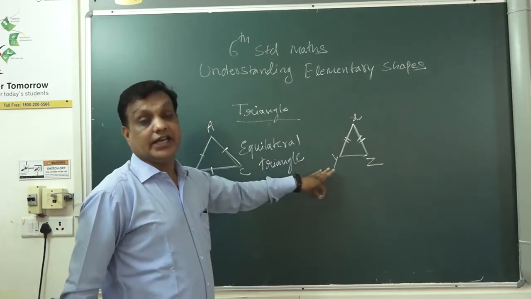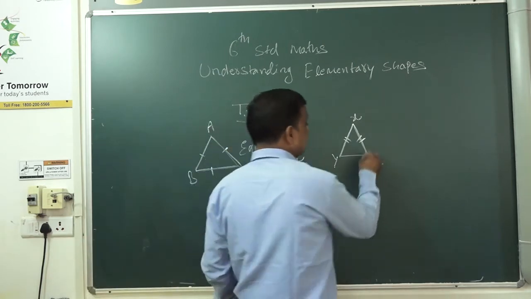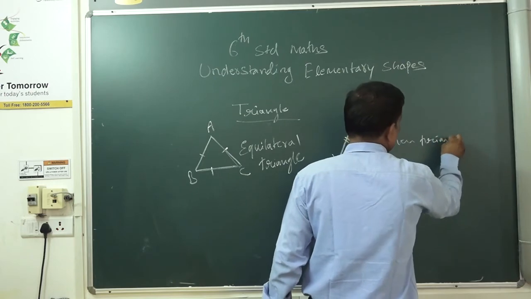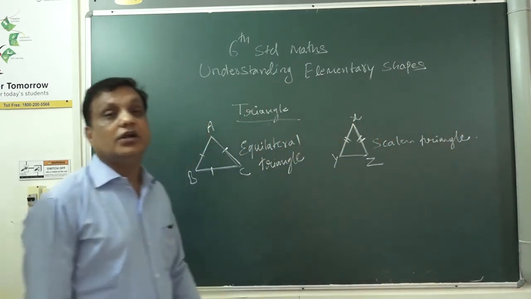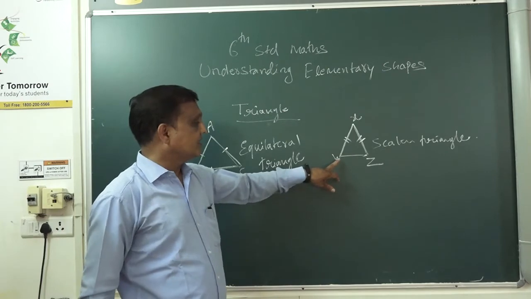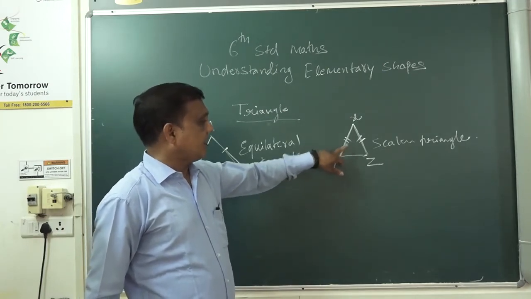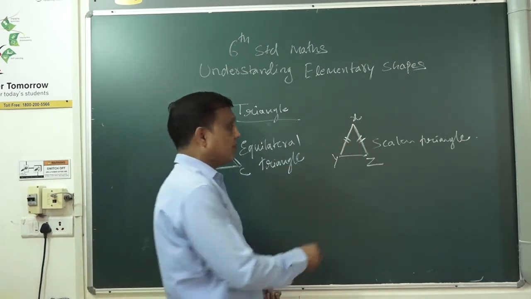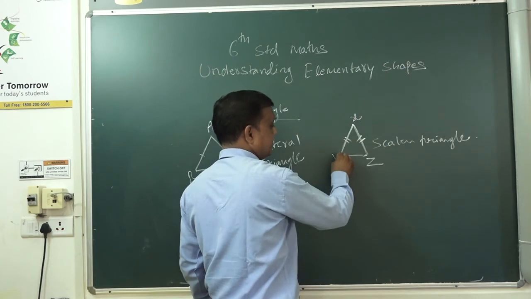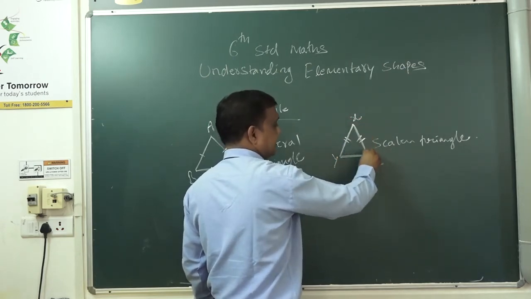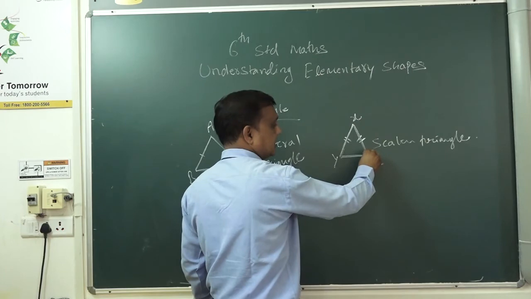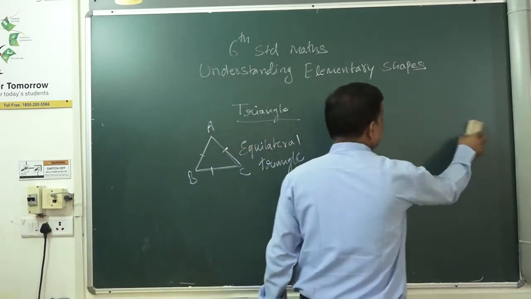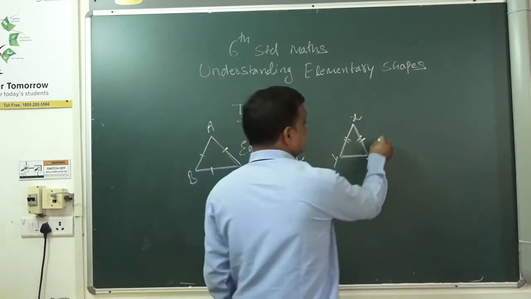When any two sides of a triangle are equal, that is called a scalene triangle. Sides I am talking about, like here we have three sides: x y, y z and x z. Here x y and x z are equal. So that's why this is an isosceles triangle. This is not a scalene triangle. Sorry dear, this is an isosceles triangle.